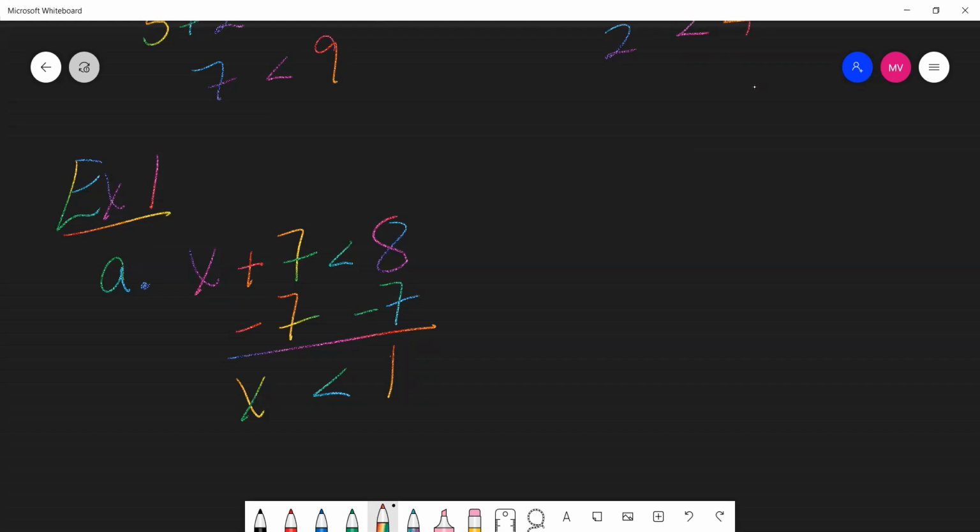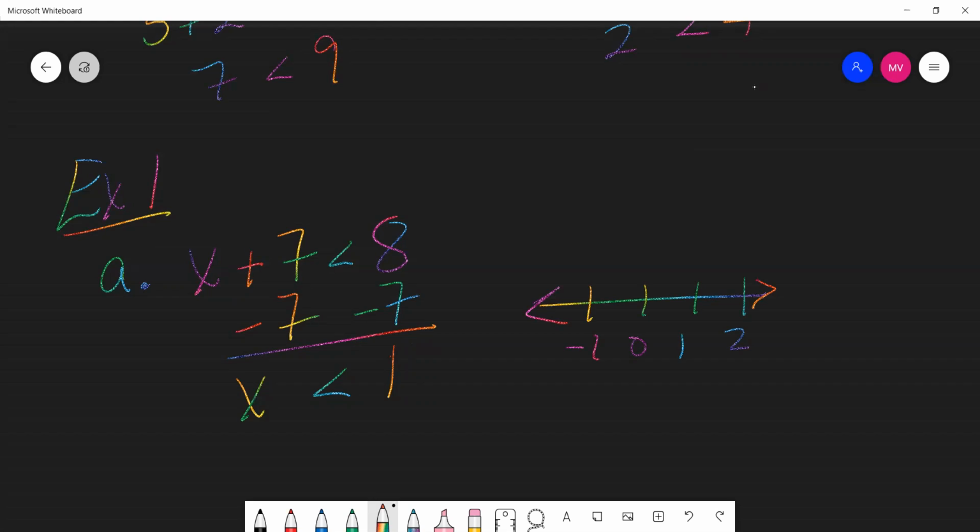All right, and so they want us to then graph it. So if we graphed x is less than 1, put 1 right here, 2, 0, -1. So where does the beginning of my graph go? On 1, open or closed?